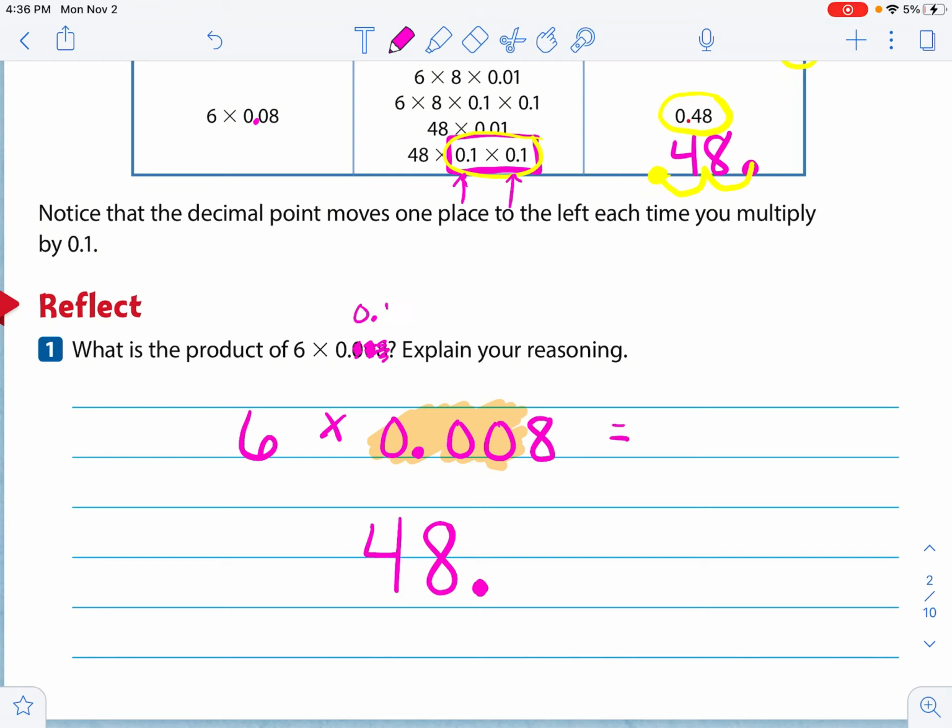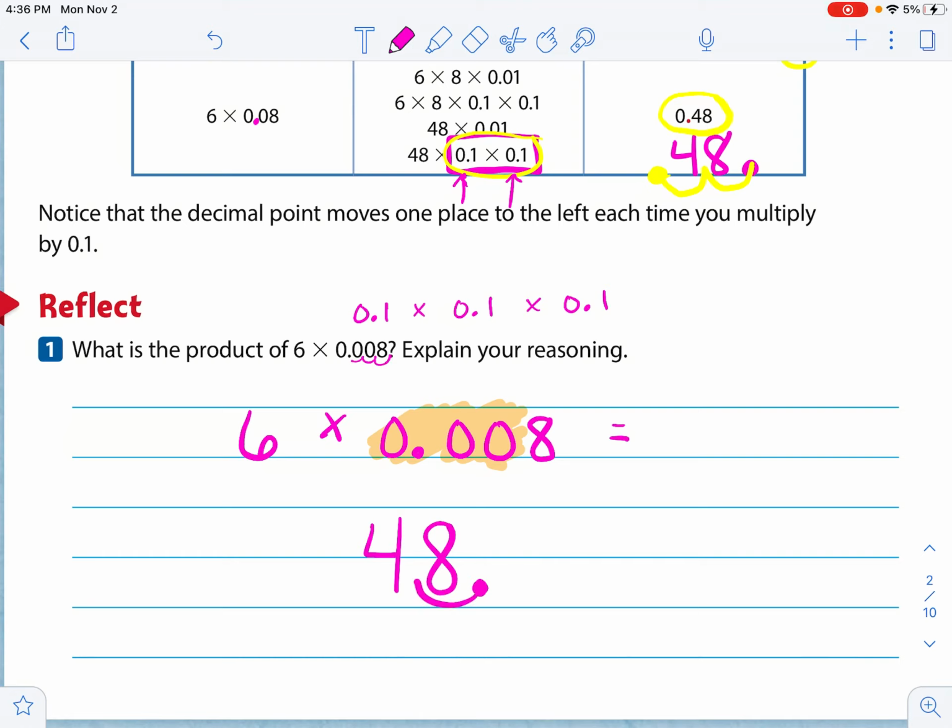So it's like having 1/10 times 1/10 times 1/10, because each one's a place. So in the thousandths, Mrs. Miniger and I are going to show you easy ways to think about this. This is a complicated way to think about it. But look, the decimal is 1, 2, 3 places.